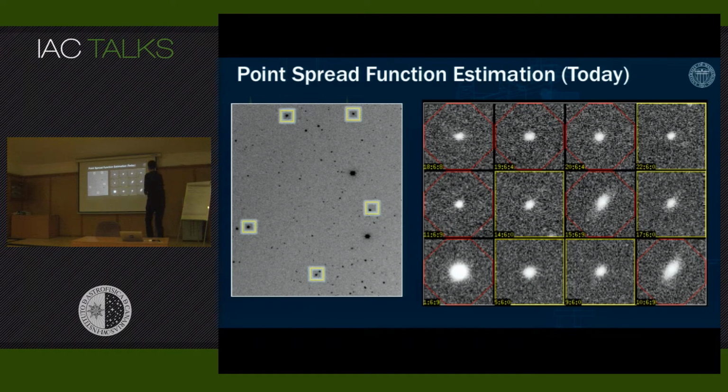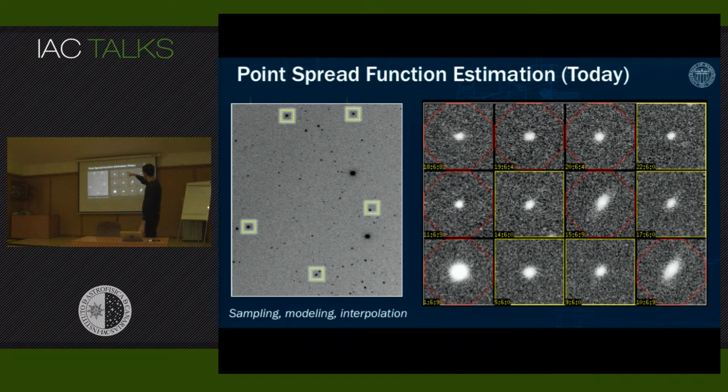So here's an example of something that's a galaxy. You throw that out. You keep only the things that are consistent with stars, and then you have a realization of the point spread function at every position in the image where you have those stars. Now the problem is that you typically want to measure, say, here, or you want to measure this galaxy down here. So you need to find a way to interpolate.